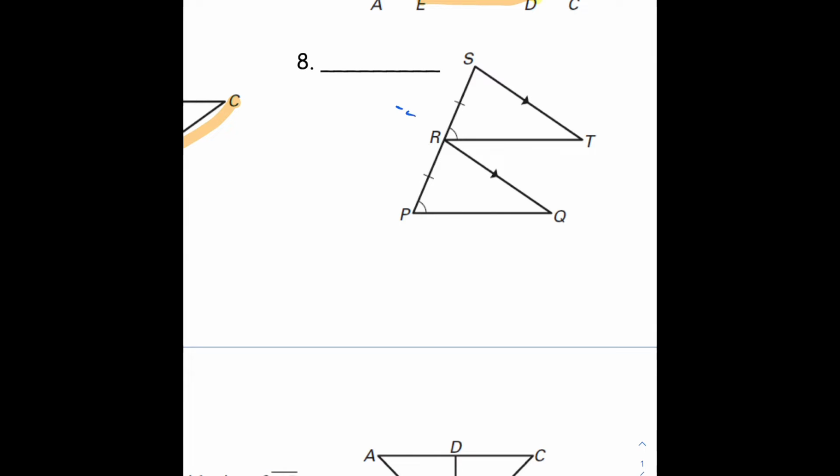So if this was parallel and this was parallel, I could call this my transversal, which means this angle and this angle are in the same corresponding location. So we could use corresponding angles are congruent, which gives me angle, side, angle because of corresponding angles.